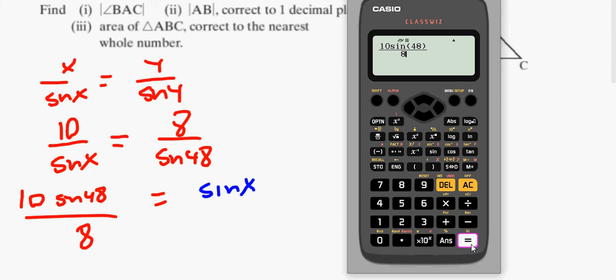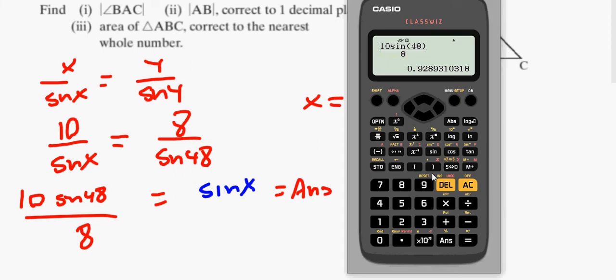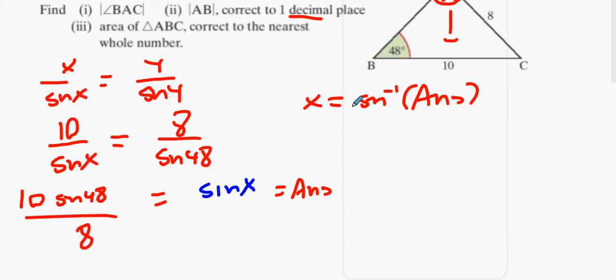Then sine inverse the answer, so x equals shift sine inverse of the answer, and you get 68.27 or 68.3.